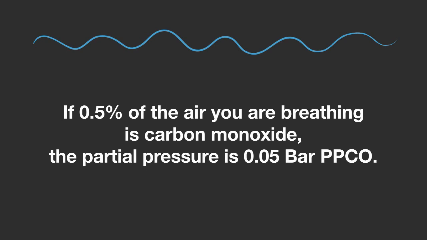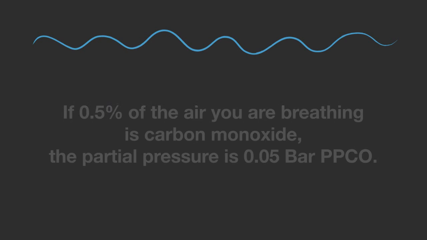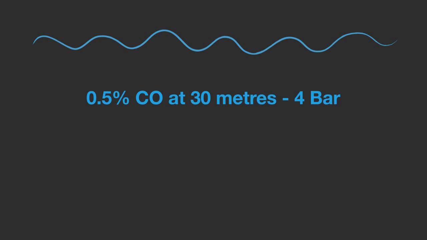Now, at the surface, that probably wouldn't be a problem. But let's see what happens at 30 meters of seawater. The pressure at 30 meters of seawater is 4 bar.